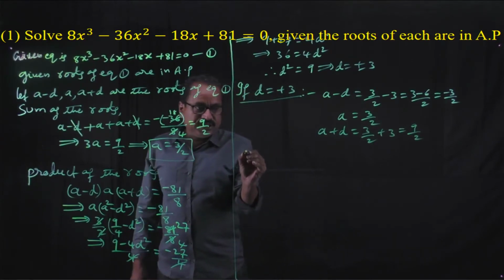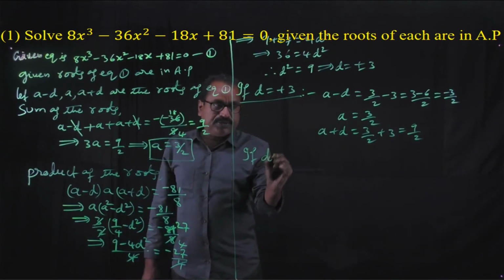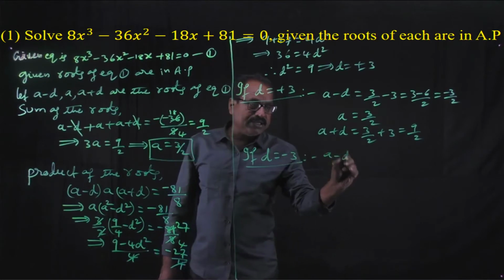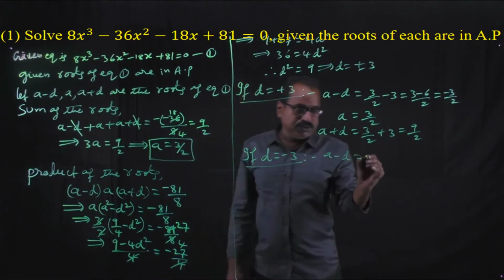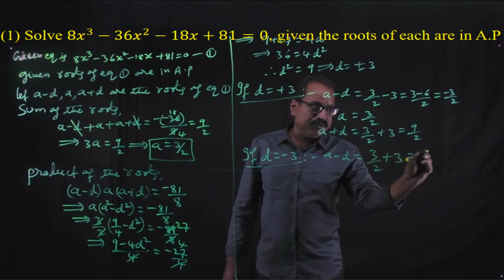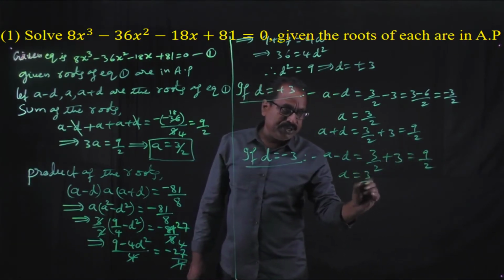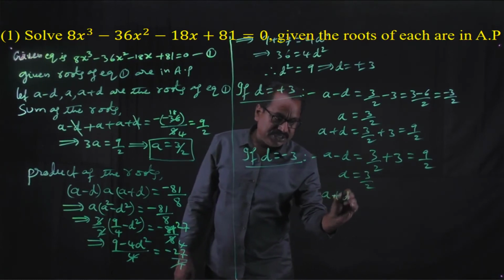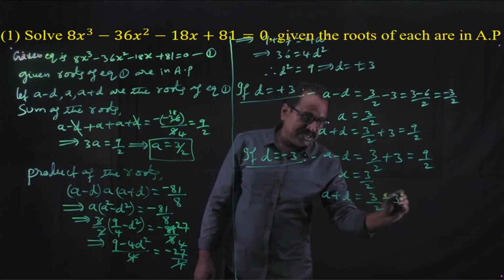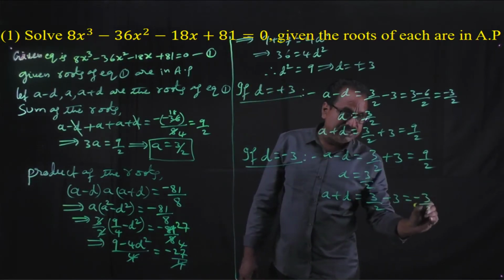If d is equal to minus 3, the same roots are obtained: a minus d is equal to 9 by 2, a is equal to 3 by 2, and a plus d is equal to 3 by 2 minus 3, that is equal to minus 3 by 2.